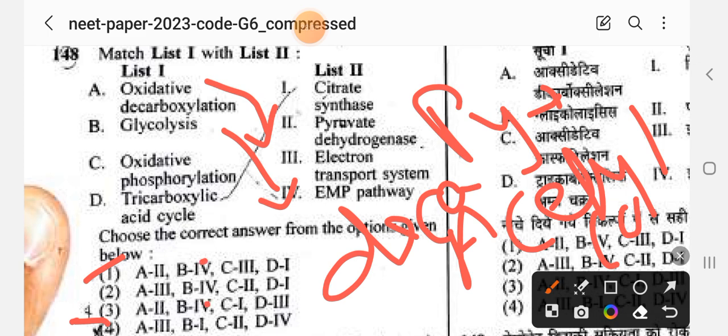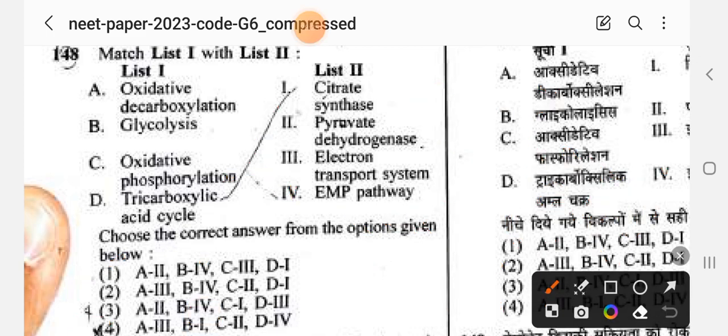So oxidative phosphorylation is electron transport system जिसमें कि ATP formation होगा. C is third. So answer is first one.